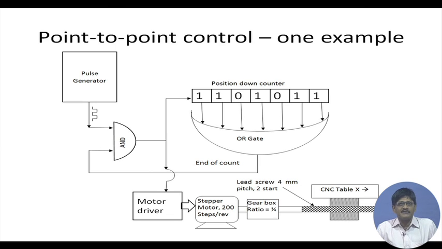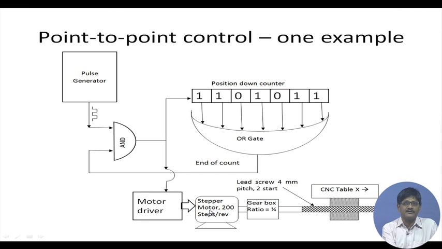The stepper motor is a device which responds to a pulsed voltage input by carrying out one angular step for every pulse received. So, this is the stepper motor which is shown.